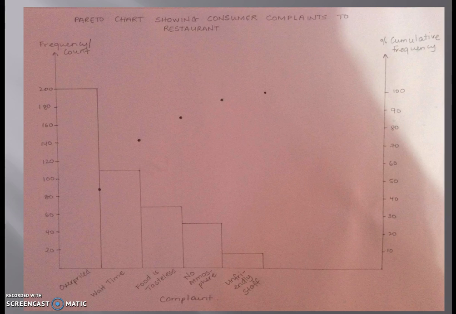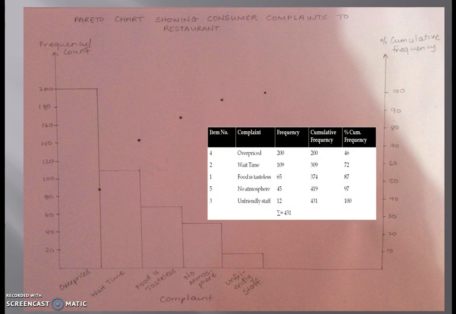Now we can plot dots. For each complaint, using the percentage cumulative values on the right vertical axis, we plotted our dots. So for complaint number 4, overpriced food, our cumulative percentage was 46%.